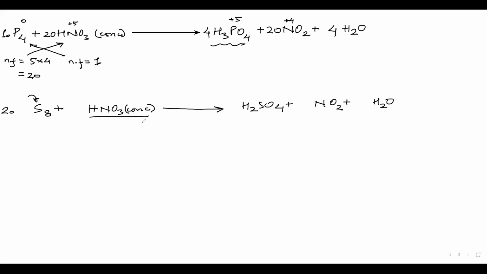So we will have NO2 plus H2O. Now again, what do we have to do? We have to balance it. Please tell me the coefficient here now by the N factor method. I am giving you 1 minute. Please do this N factor method, it will help you in ways that you will not even imagine. What will be the coefficient of HNO3?